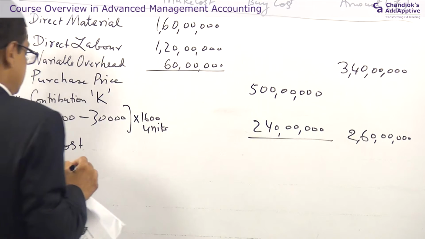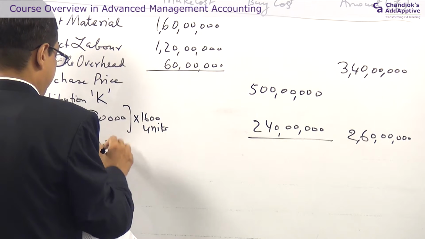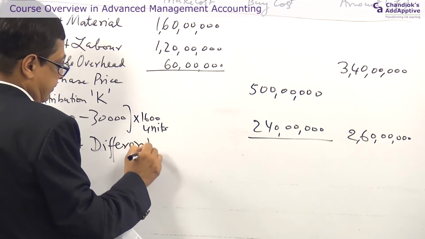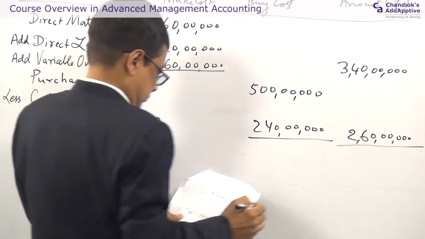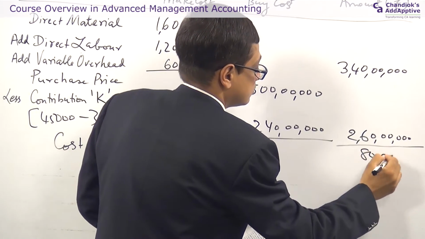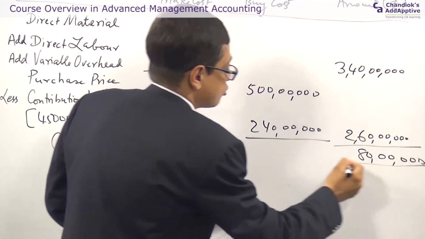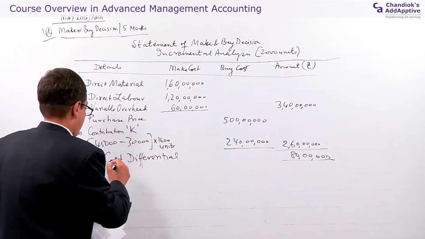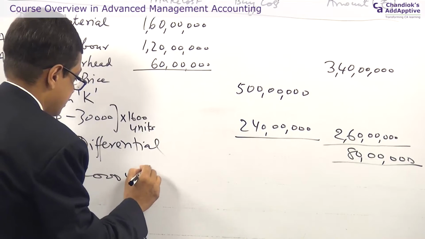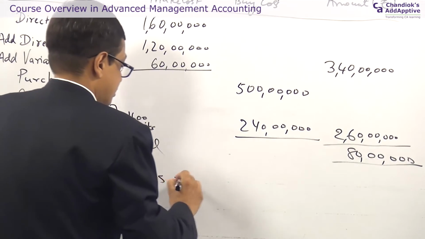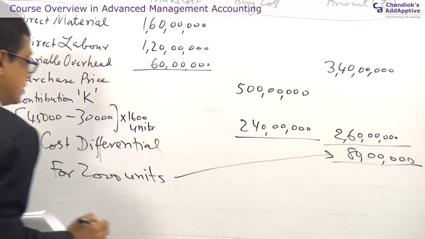Therefore, the cost differential out of 2 will be 80 lakhs rupees. For 2000 units, this amount is 80 lakh rupees.